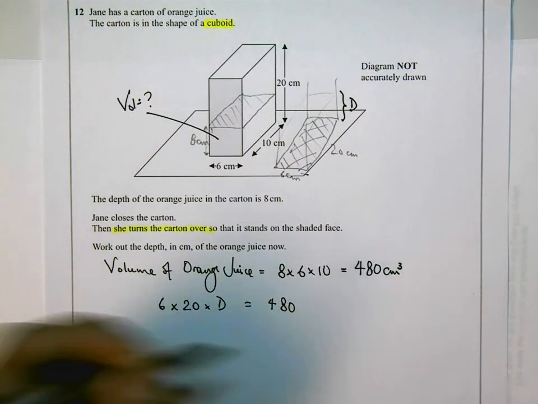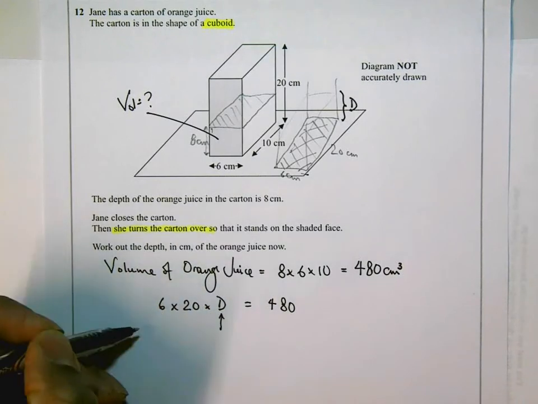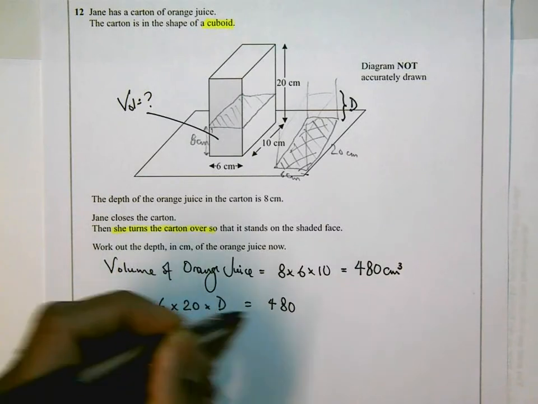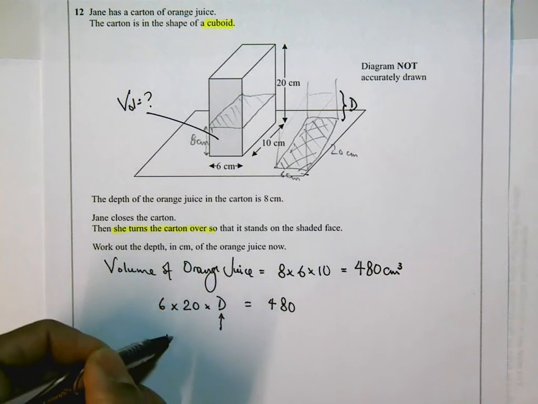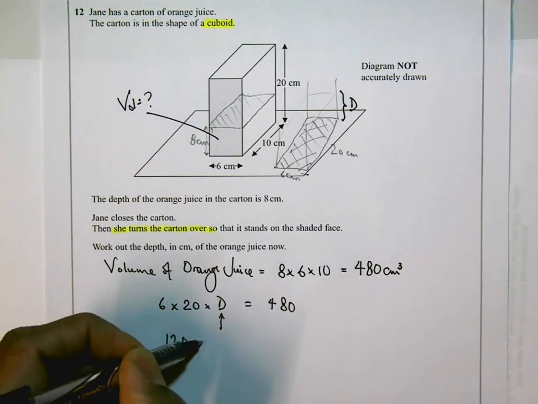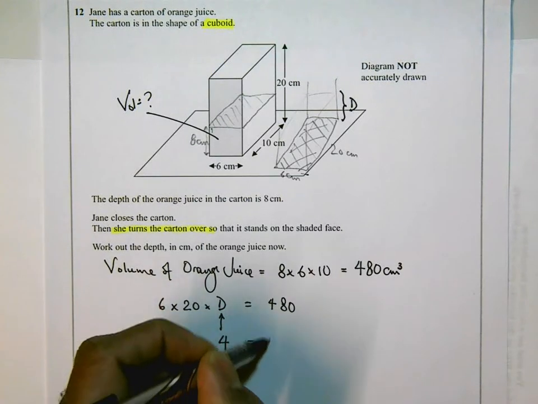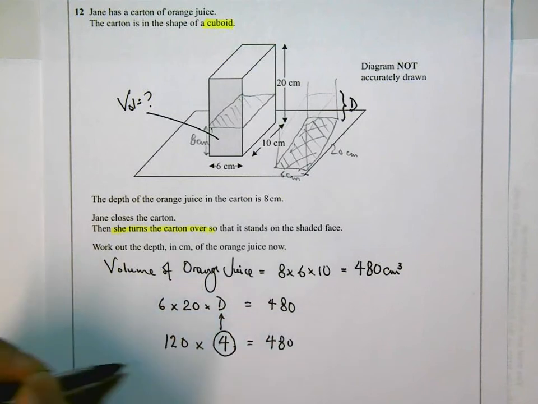So what I need to find out is what number should go there, so that 6 times 20 times a number is 480. Well, 6 times 20 is 120. 120 times 4 gives you 480. So 480 is 120 times 4.